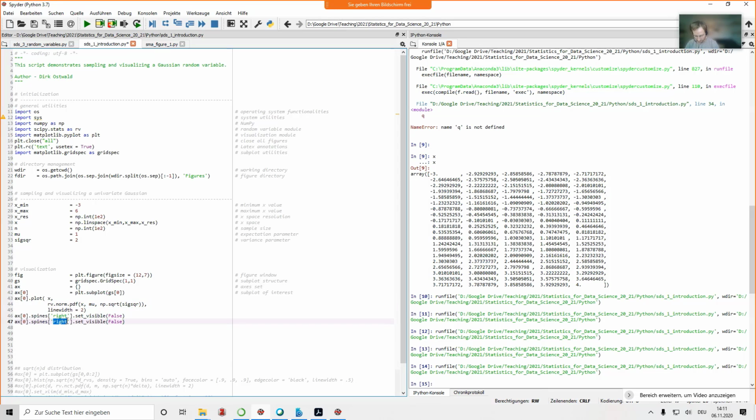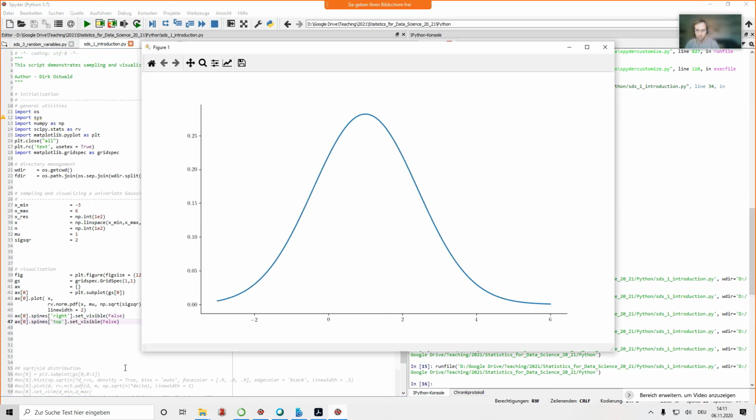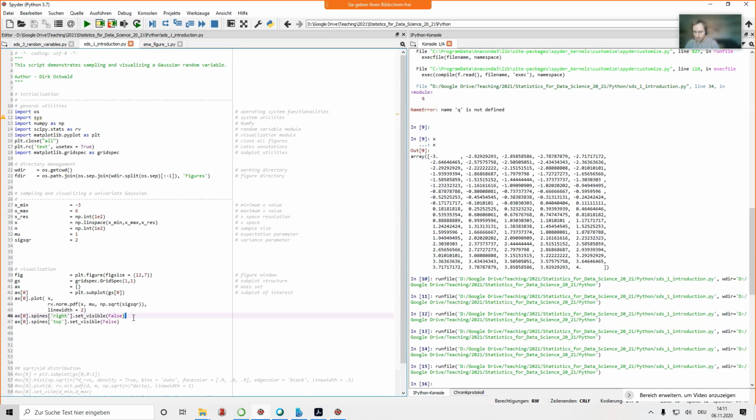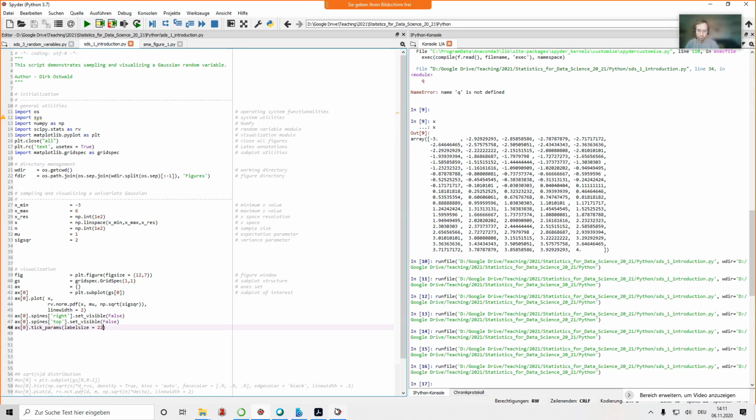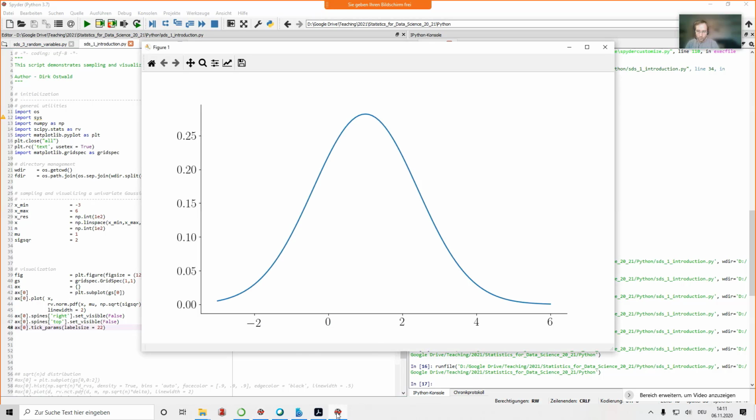So this should also be gone. So that looks already a little bit nicer. And then let's make the font size better. Okay, that looks a lot nicer.